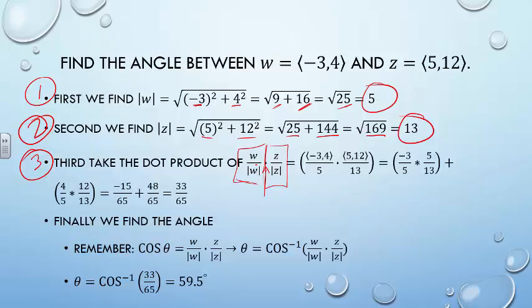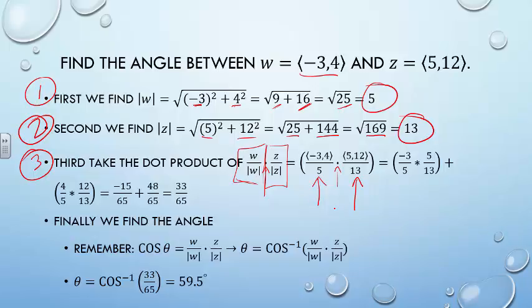We want to write this out step by step so that we can keep everything straight in our minds. So the first step is, what does this say exactly? So we take the vector w, -3, 4, and we place it over its magnitude 5. Keep that dot product symbol, and let's take the vector z, 5, 12, and place that over its magnitude. Now we have an idea of the numbers we're working with.